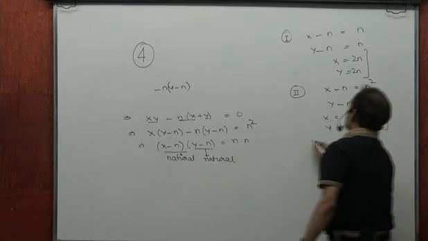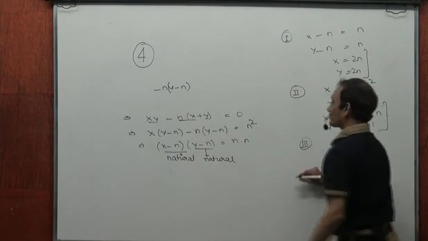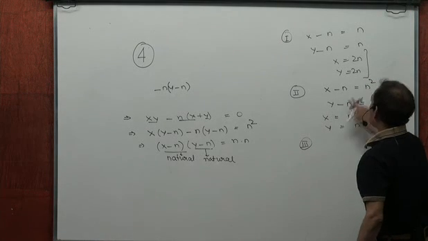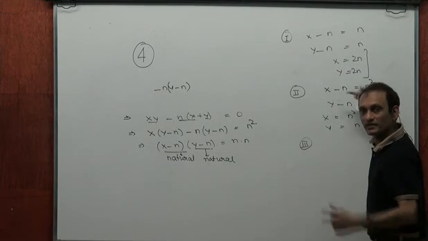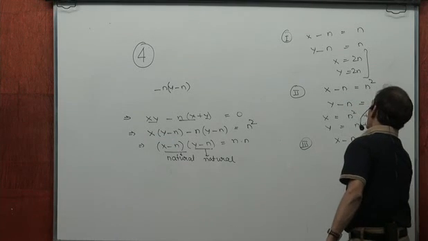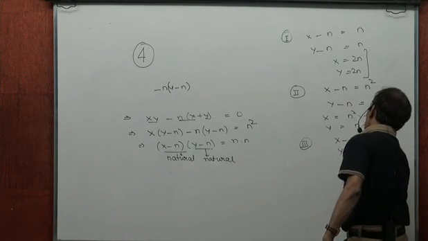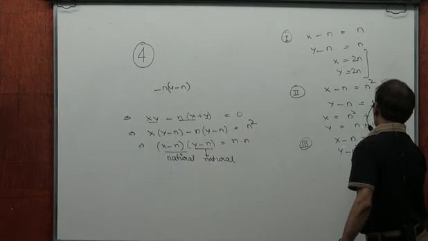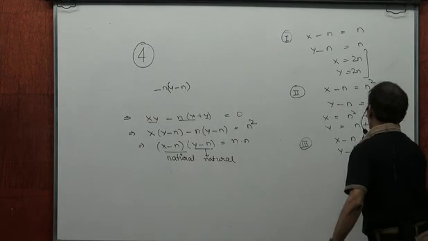Right? Third possibility, x minus n is 1 and y minus n is n squared. Reversing the roles, swapping, right? I have x minus n equal to 1 and y minus n equal to n squared.